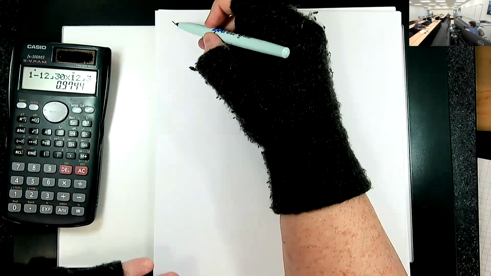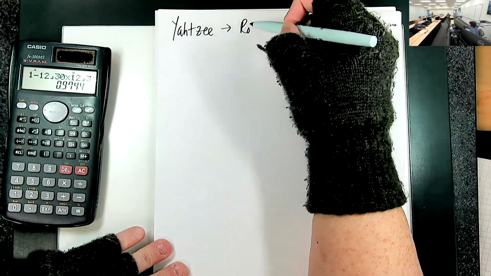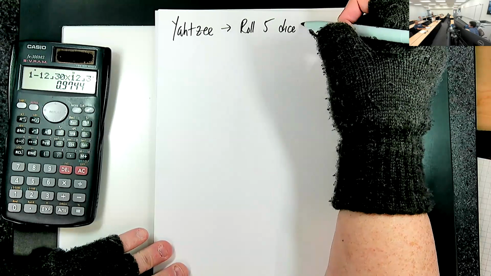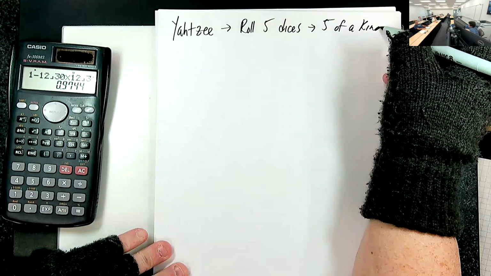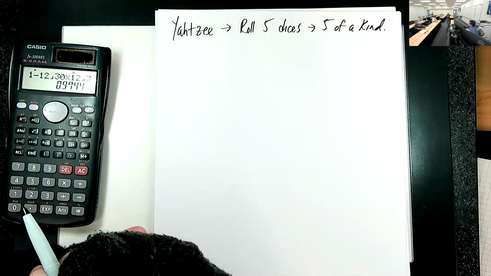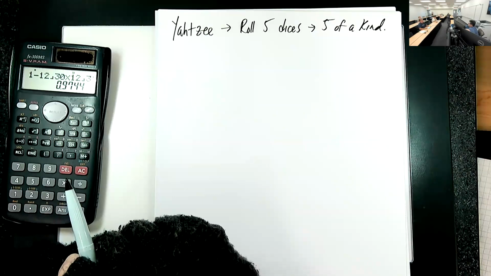So Yahtzee is when you roll 5 dice and you get 5 of a kind. All 5 dice have the same roll.